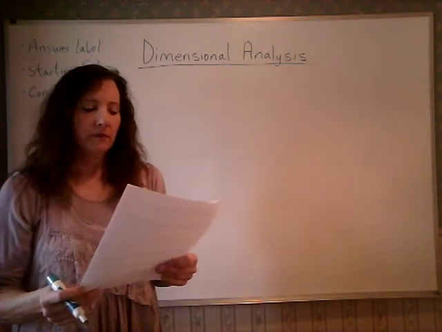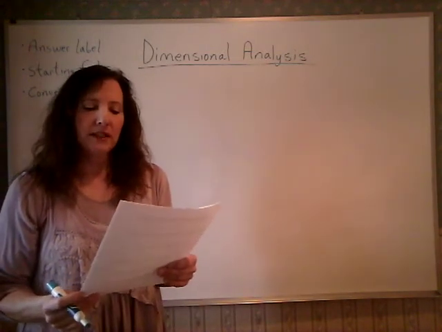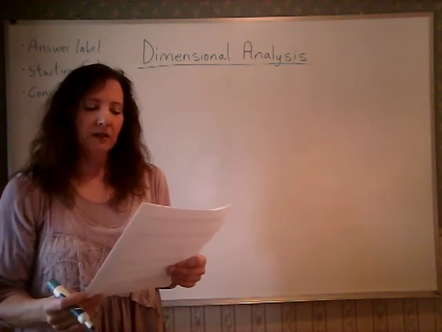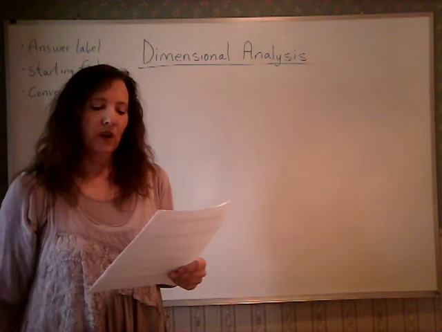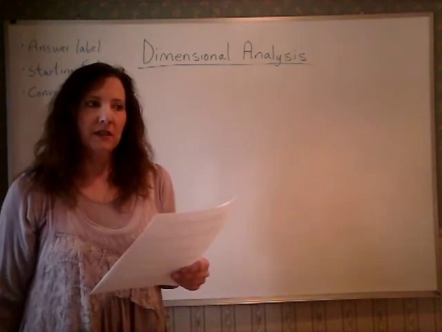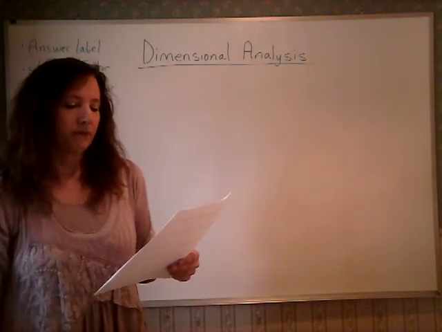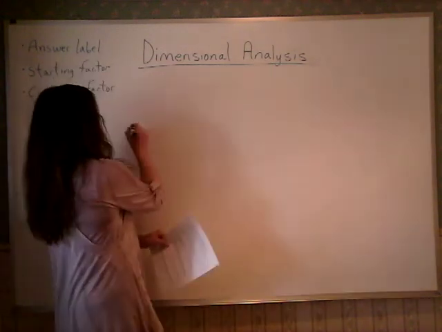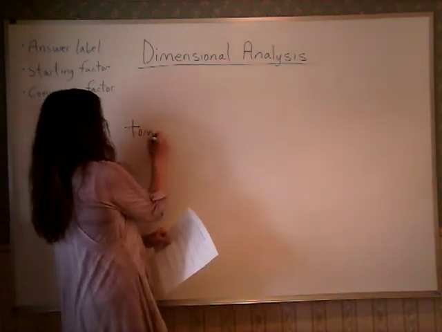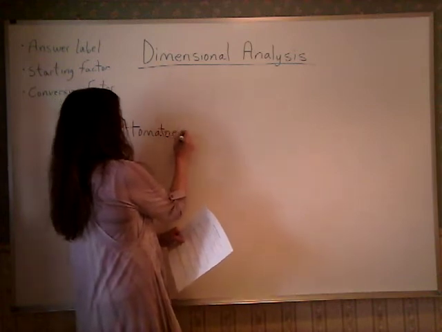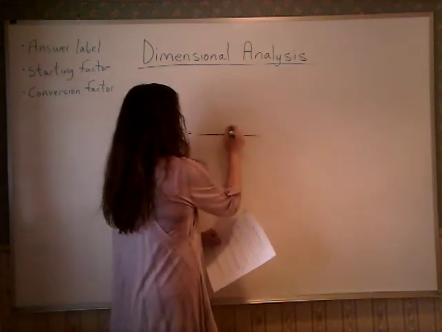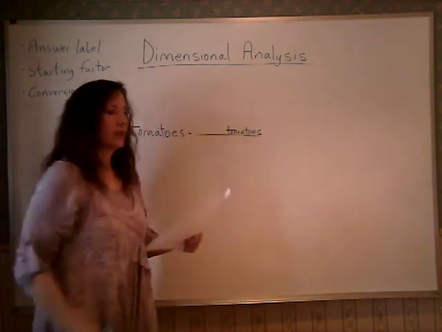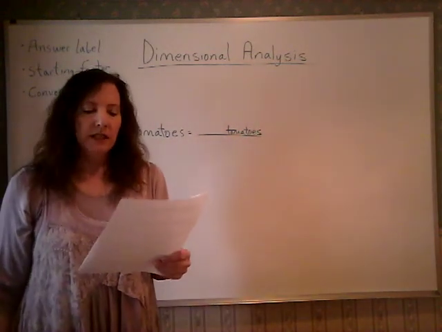Number 4, you are making jumbo submarine sandwiches and will need 3 tomatoes for every 5 pounds of lunch meat. If 12 pounds of lunch meat are used, how many tomatoes will be needed? The question is, how many tomatoes? What do we know about tomatoes?